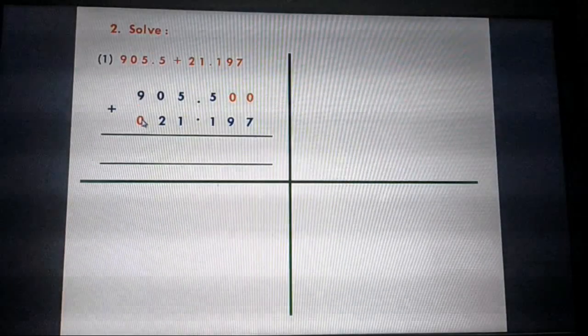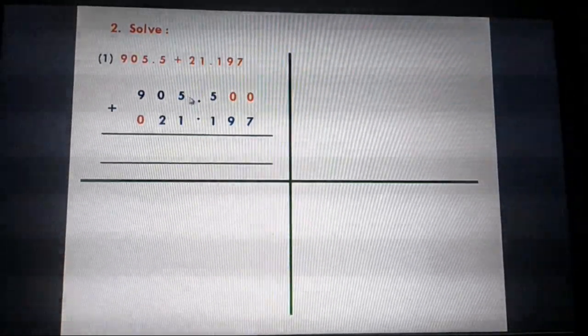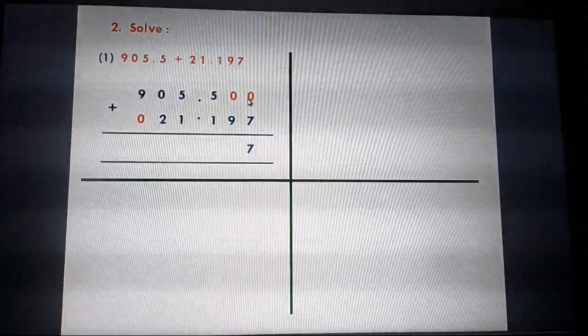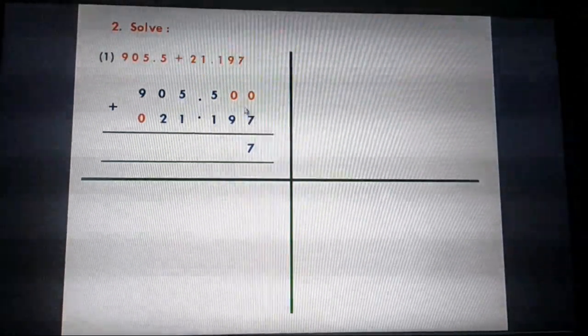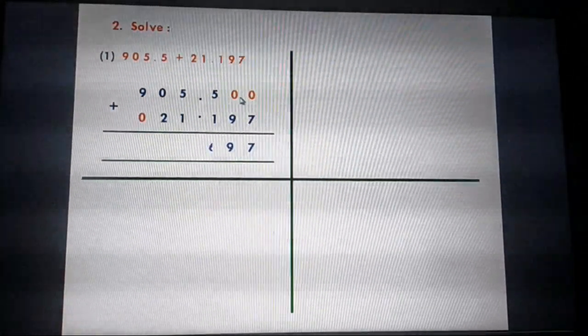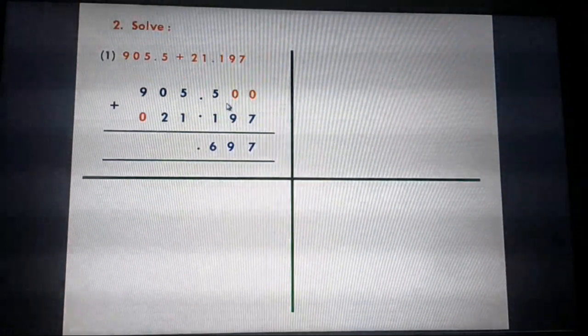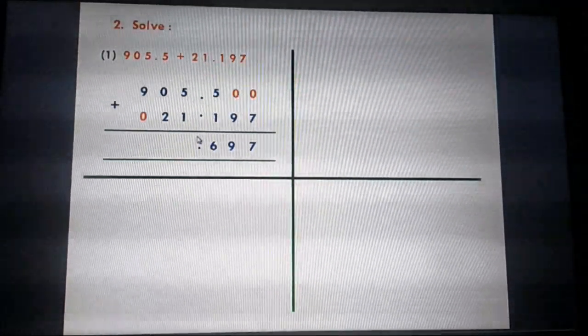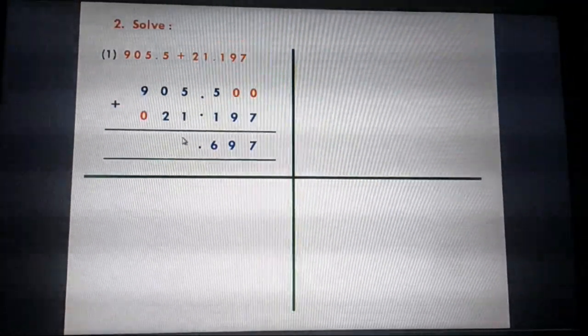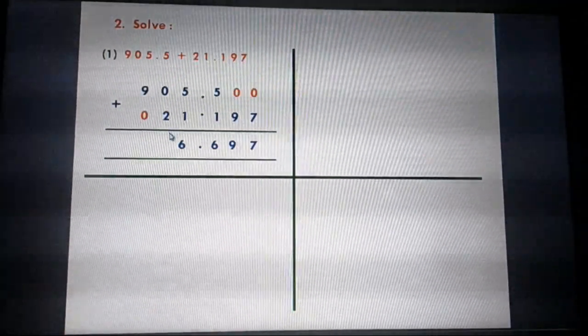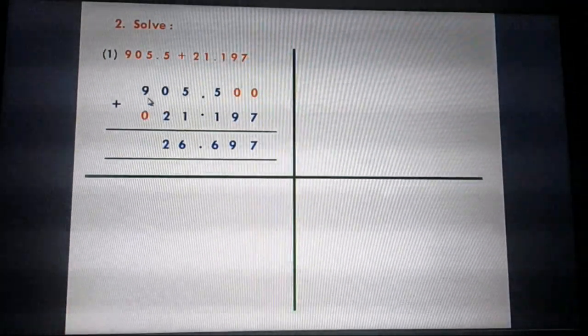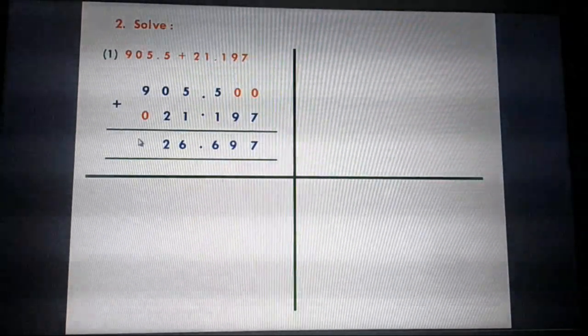So all those empty places we will put 0. Now we will add 0 plus 7, 7, 0 plus 9, 9, 5 plus 1, 6, then this decimal 5, 1, 6, 0 plus 2, 2, 9 plus 0, 9.